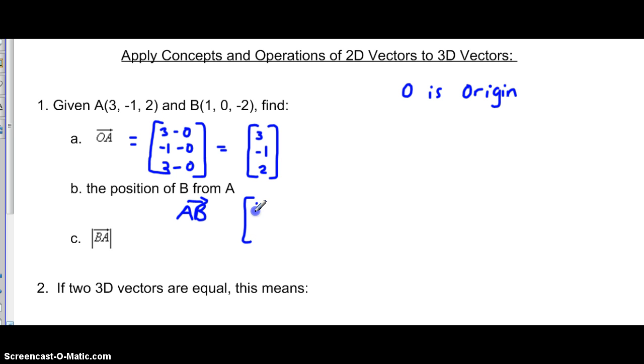Our B is 1 for the x, and then -3 for the A. The y is 0 for B, and then subtract a -1 for the A, and then -2 minus 2. So our vector AB has an x component of -2, a y of 1, and a z of -4.